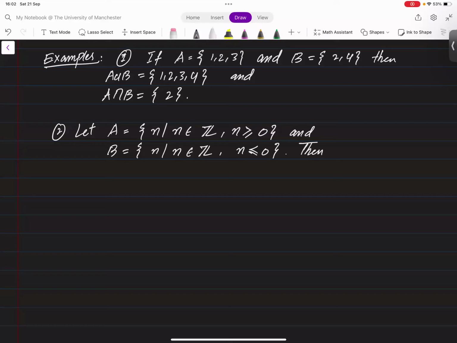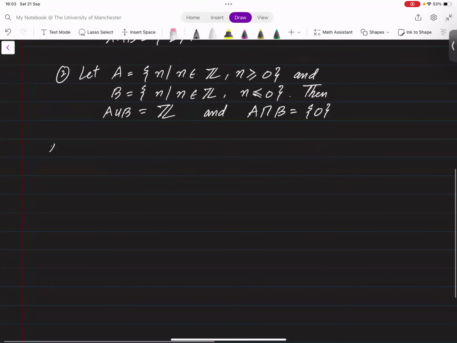Then A union B is equal to all of the integers, because 0 is there, negative integers are in B, and positive integers are in A, and they both contain 0. So the union is the complete set Z, and the intersection is only the element 0.